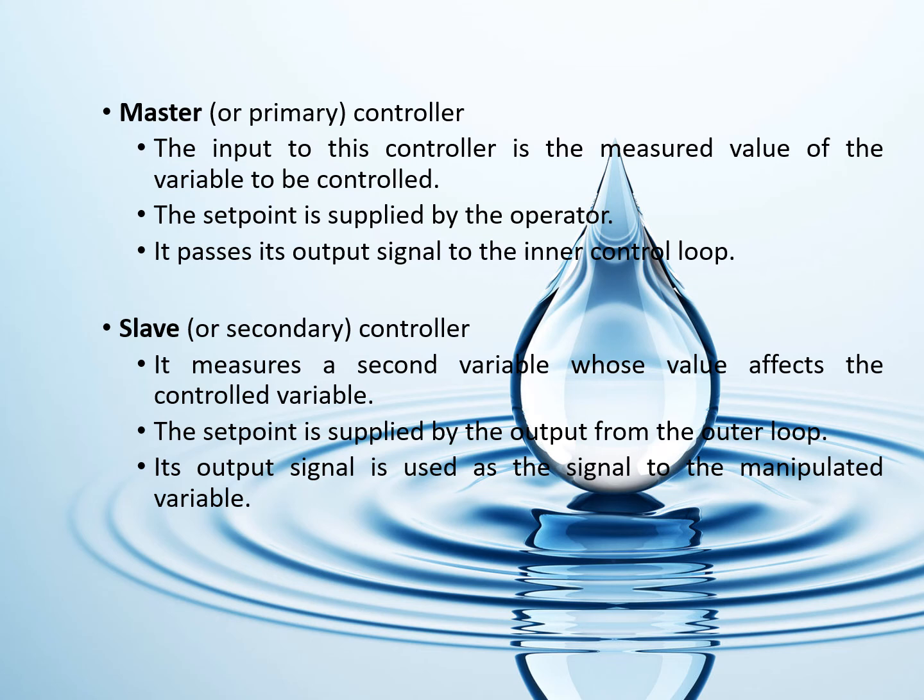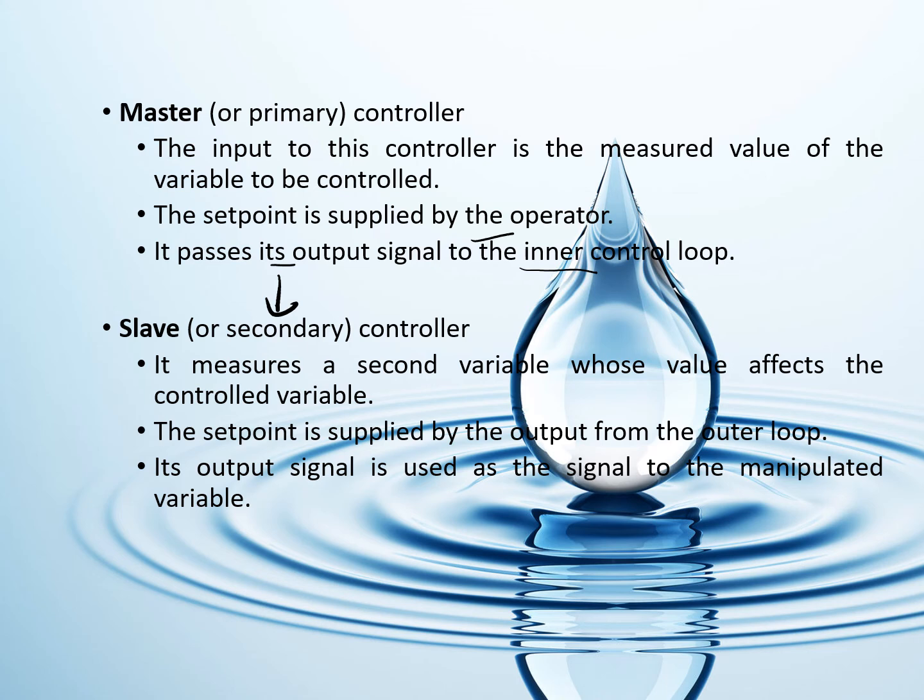It means we measure directly from the process, and the data is sent from the sensor to the master controller. Then the set point is applied by the operator. It passes its output signal to the inner control loop, so the output will be sent to the slave controller.